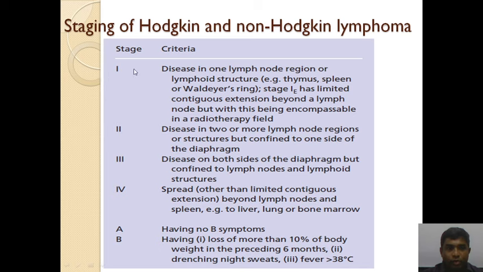Stage 1 is where only one lymph node region or group is involved. This could be just a group of right cervical lymph nodes or left inguinal lymph nodes, or just one group or region of lymphoid structures, such as the spleen.